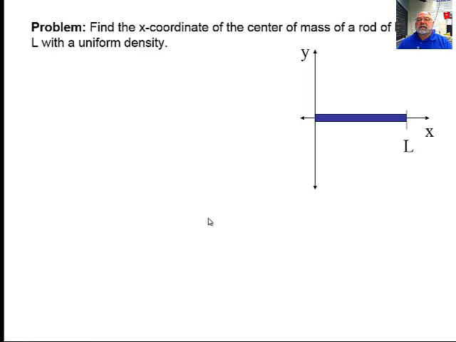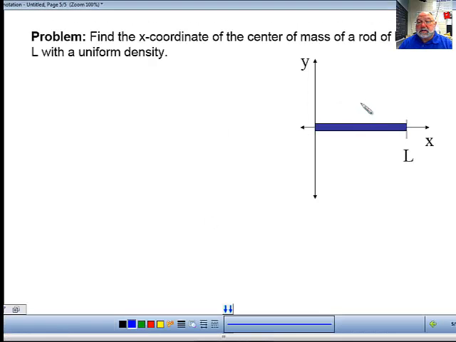We could do this just knowing what we know about symmetry and geometry. We could say that the center of mass of this object is right here in its geometric center, which is L over 2. We're not going to do that. We're going to do it the hard way. Okay, we're going to use calculus.